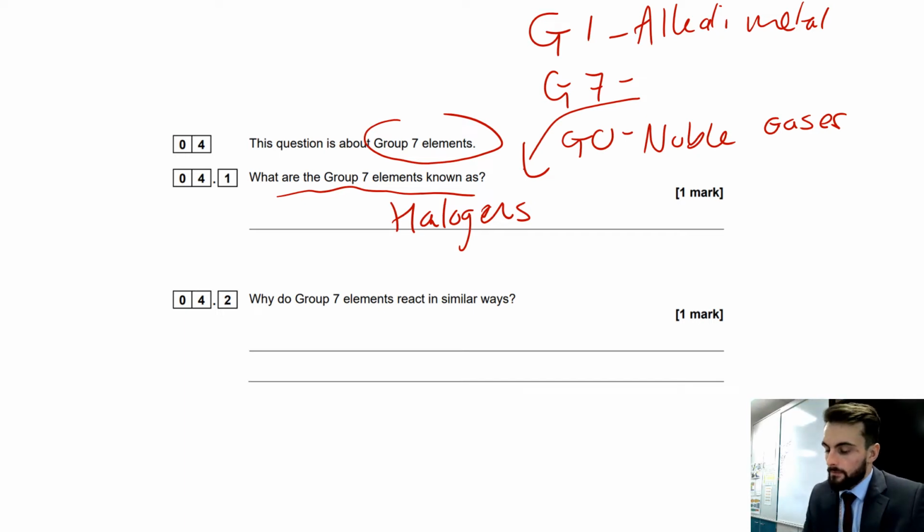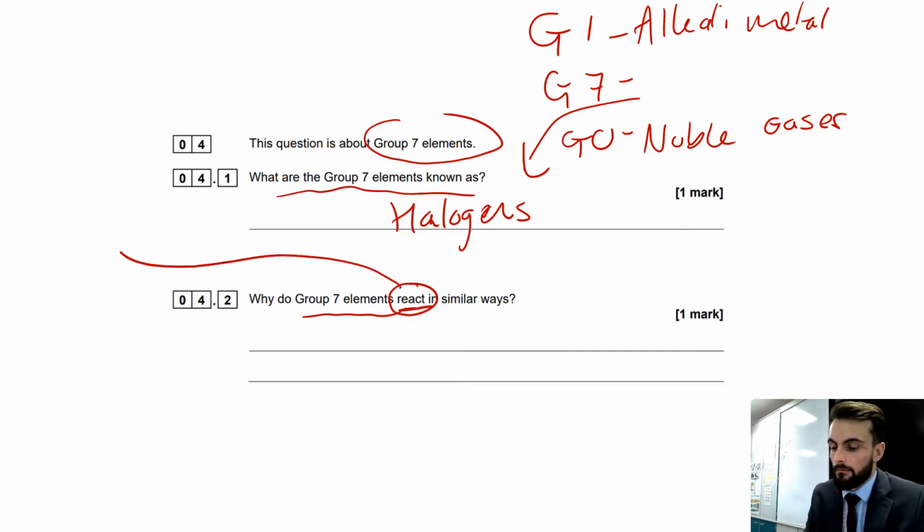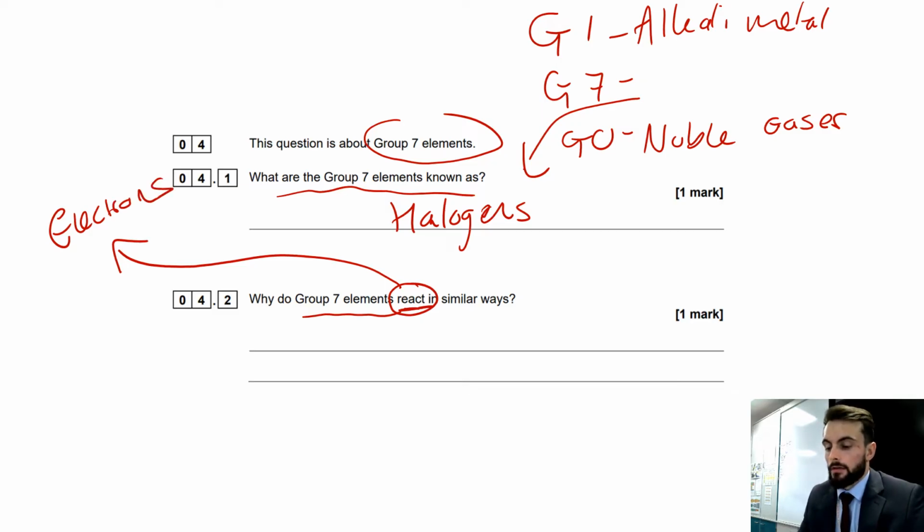Next one. Why do group 7 elements react in similar ways? So it says the word react, chemical reaction happening. Pretty much all of the time when we're talking about chemical reactions happening, we're talking about something going on with electrons, right? What do all of the group 7 elements have in common in terms of the electrons?